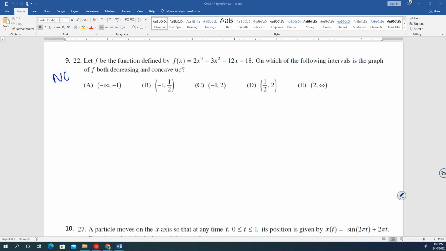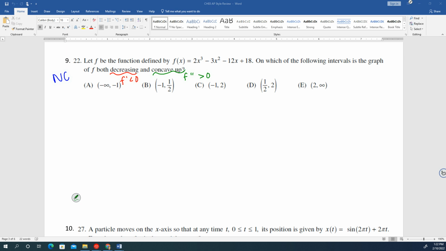Let f be the function defined by this cubic polynomial. On which of the following intervals is the graph of f both decreasing and concave up? So we know our graph is decreasing when the first derivative is negative, and we know it's concave up when the second derivative is positive.